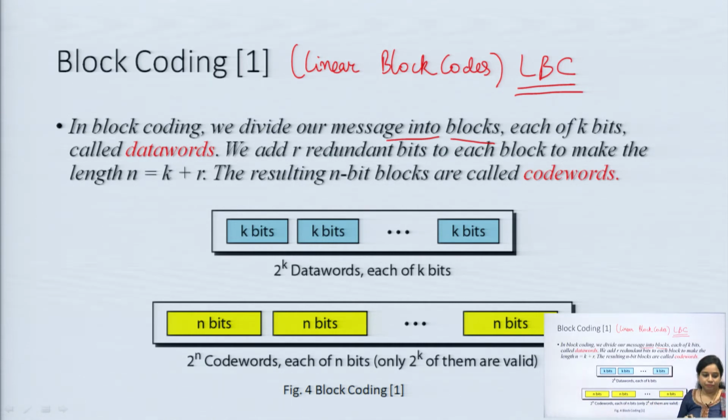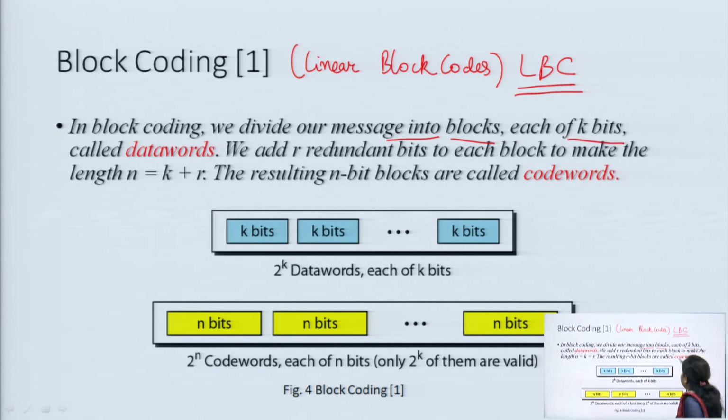Let us say I want to transmit 10 bits of information, then I can break those 10 bits into blocks of 2 bits each. So, this is how block coding works: you divide your message into blocks. Let us say if I want to transmit 20 bits of information, then I will break that data into whatever combination is possible, either 2 or 4 bits. We can break it into blocks.